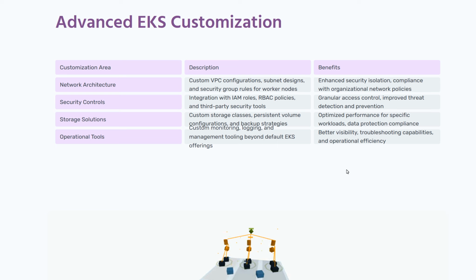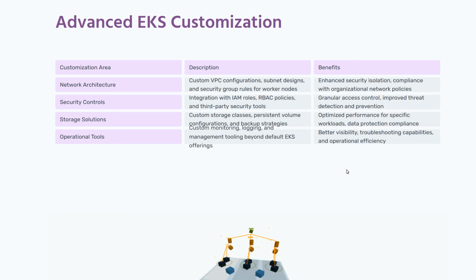Security controls: integration with IAM roles, RBAC policies, and third-party security tools gives you granular access control and improved threat detection and prevention, according to our organization's needs. Storage solutions: custom storage classes, persistent volume configurations, and backup strategy.